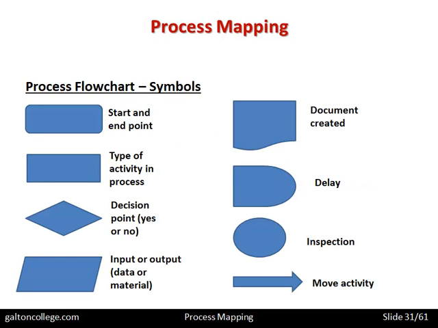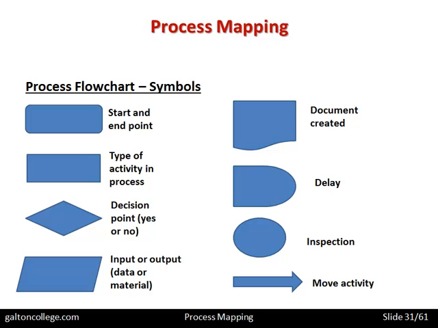So for example, if we look at process chart symbols, the first one is the start and end point, which is basically a rectangle with rounded corners. The one under it is the type of activity in the process, which has precise, square corners. And underneath we have the decision point, which is like a diamond shape.